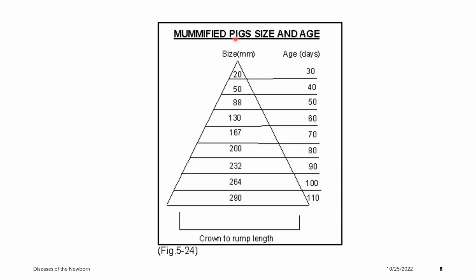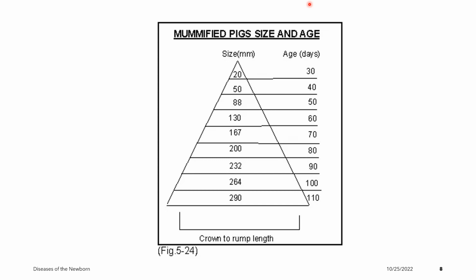So what causes mummification? There are two possible causes. The first is that the piglet dies because there is a large litter and insufficient space in the womb. It could also be due to non-infectious causes such as environmental factors. And we also have infectious causes, usually of a progressive nature at any stage during pregnancy.